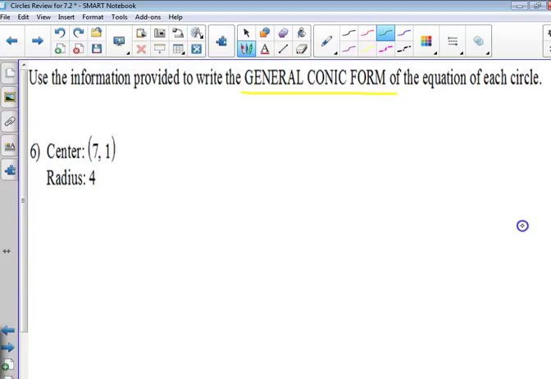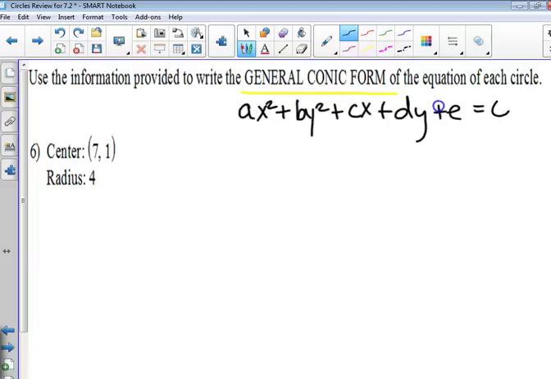All right. Now we're going to talk about general conic form. And you're never going to have to do this in this direction; you're going to have to do it backwards. I want to do it once in this direction because it will tie and remind you of why it works in the other direction. I'll explain that in a second. Right now, would you just write down maybe general conic form: ax squared plus by squared plus cx plus dy plus e.